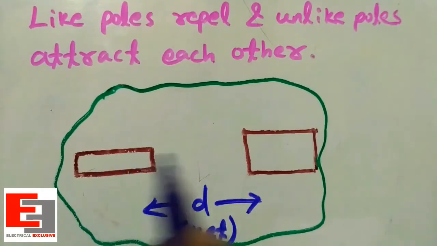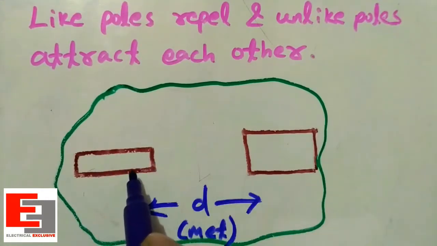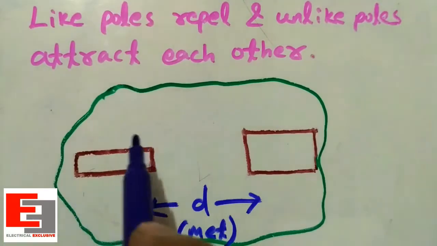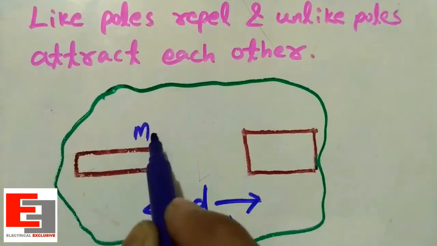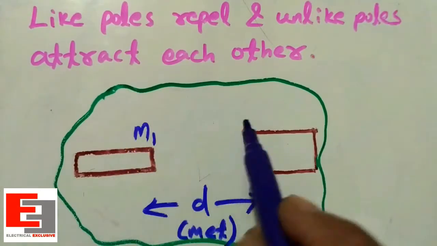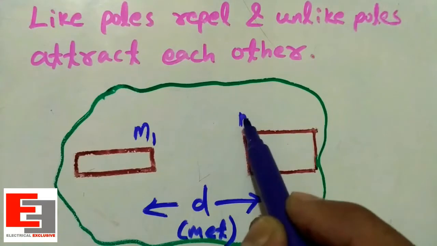We don't need to label the poles, because if these two poles are like poles, then they will repel each other with some force, which is F. And if these two poles are unlike poles, then they will attract each other with that same force, which is F. Suppose the first magnet has the pole strength M1 and the second magnet has a pole strength M2.